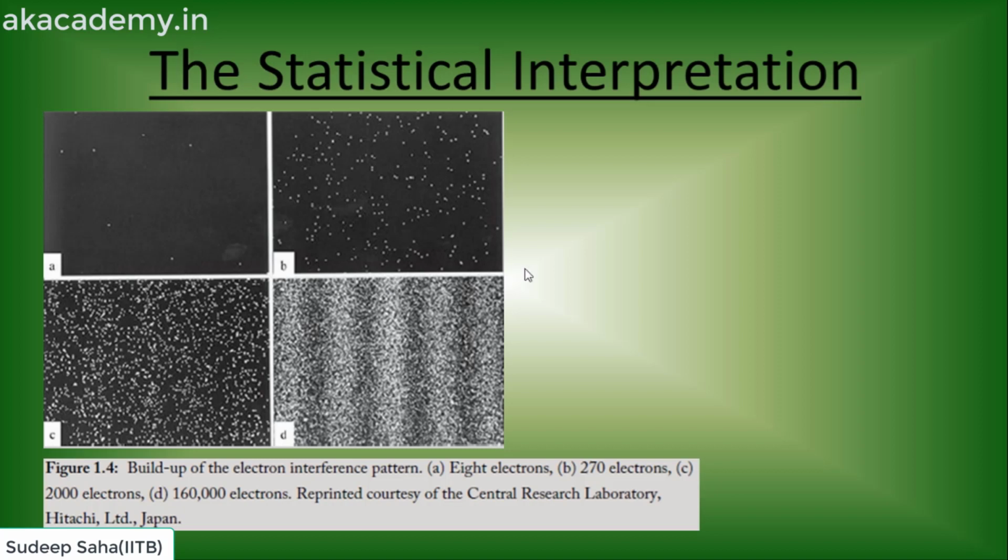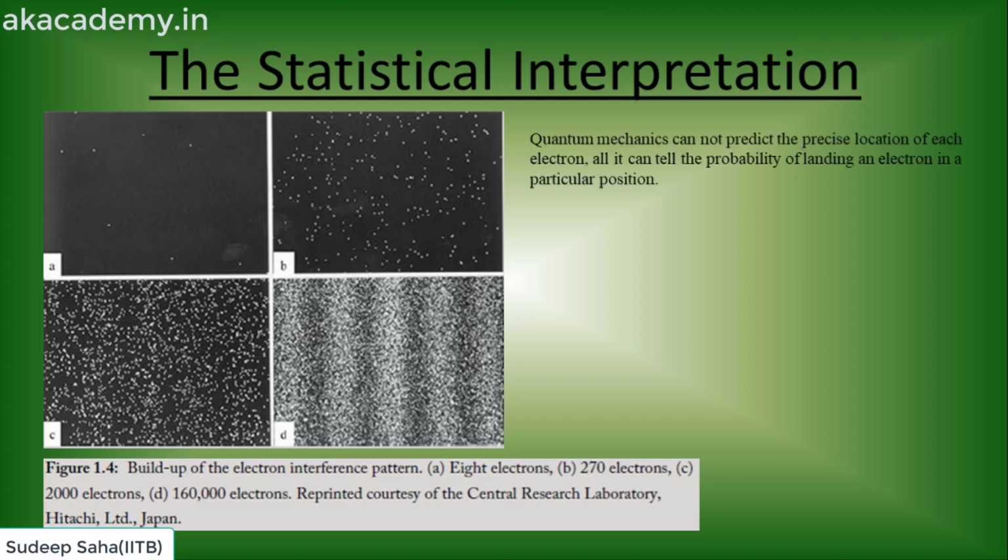I'll just state some facts about this experiment, and try to make it clear why I made the statement that you cannot predict the initial condition of a particle in quantum mechanics. I mean, where was the particle before the experiment? We cannot really answer this question. Quantum mechanics cannot predict the precise location of each electron in this experiment. All it can tell is the probability of an electron landing in a particular position.